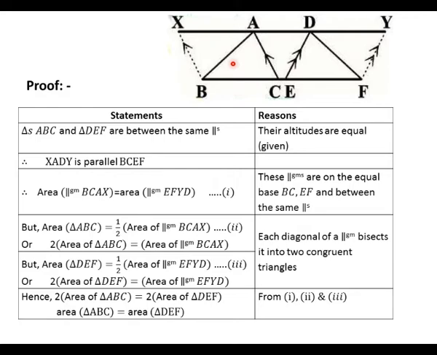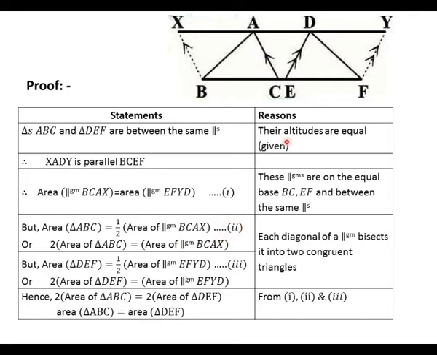In other words, same thing that I have written in the previous theorem, area of triangle ABC is equal to 1 by 2, I mean half of the area of parallelogram BCAX, and if this 2 is shifted to the left side of the equality, the equation will become 2 times the area of triangle ABC is equal to area of parallelogram BCAX. We say it equation 2.